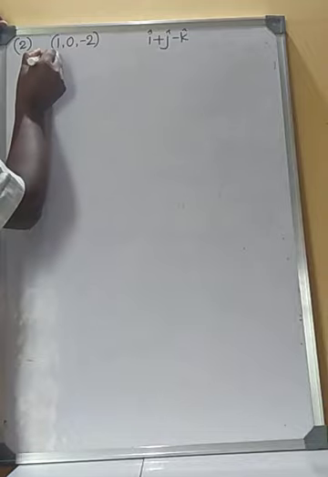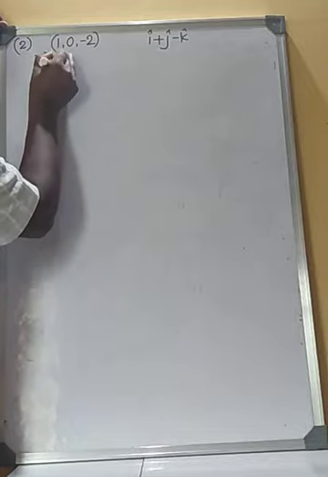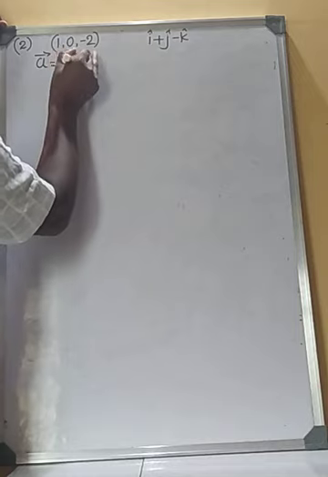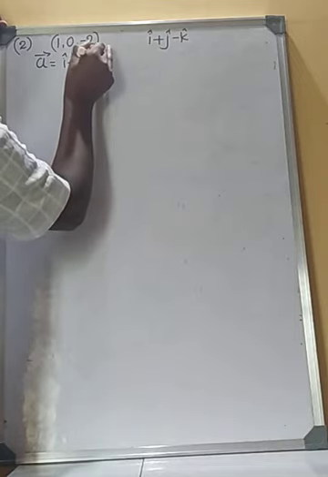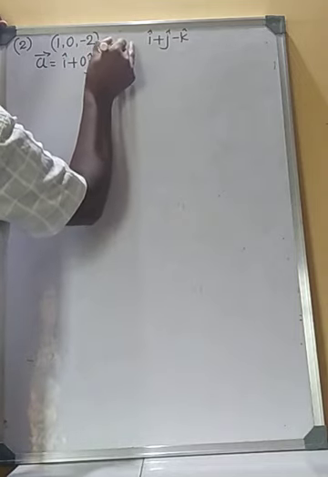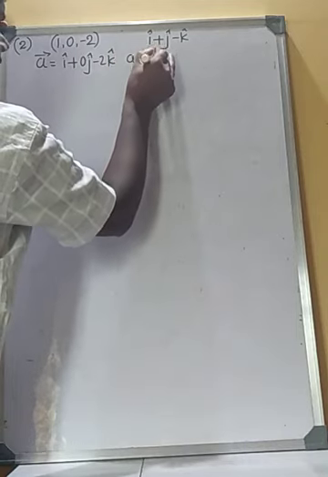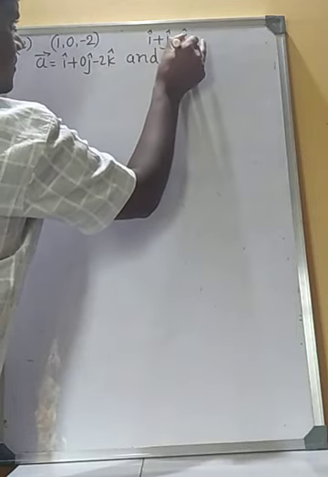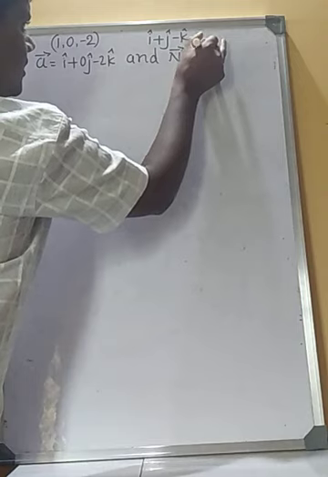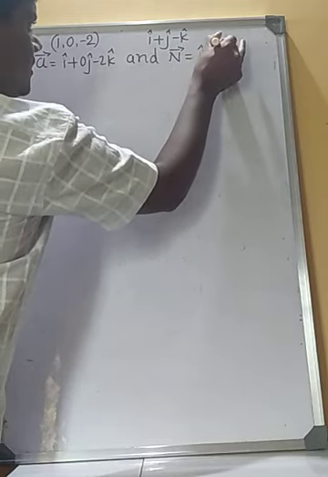Here also, let the position vector of the point (1, 0, minus 2) be vector a, which is equal to i plus 0j minus 2k, and n vector is equal to i plus j minus k.